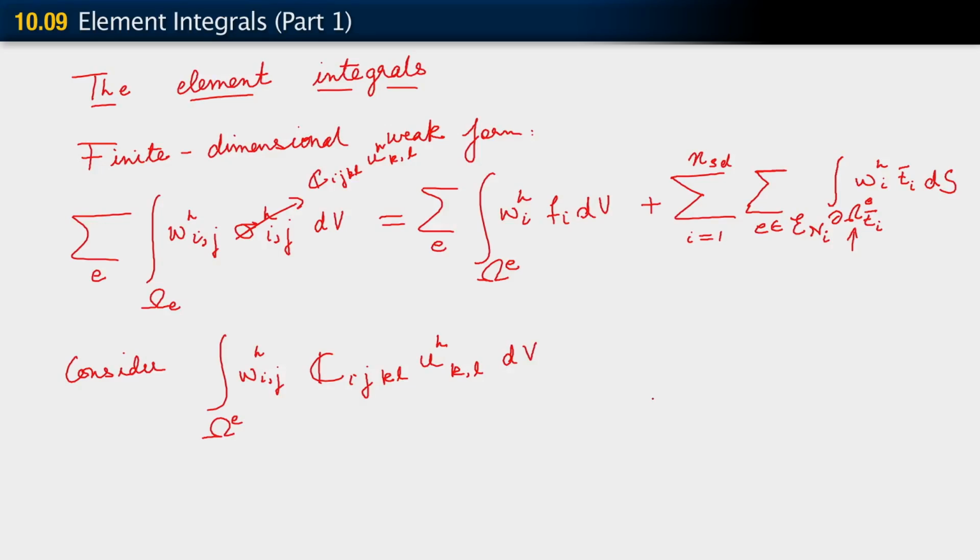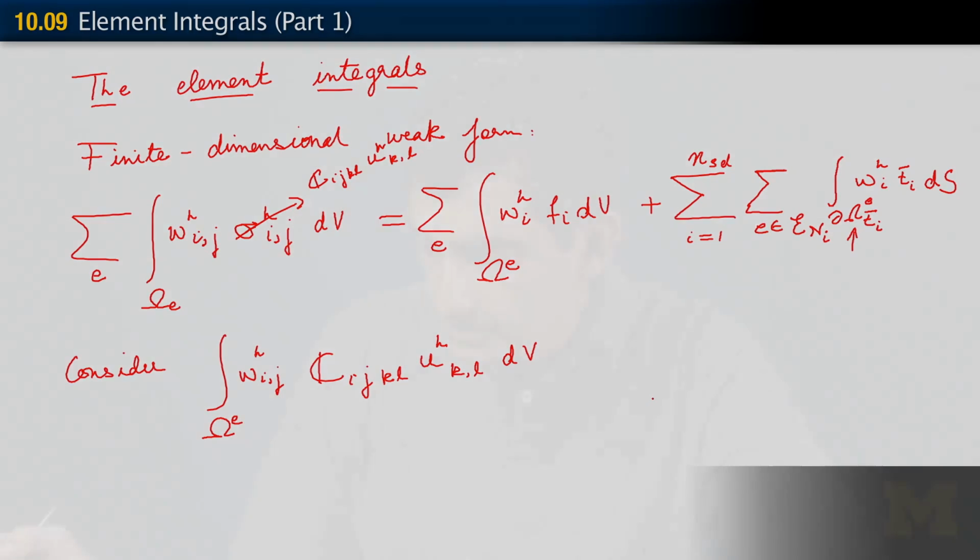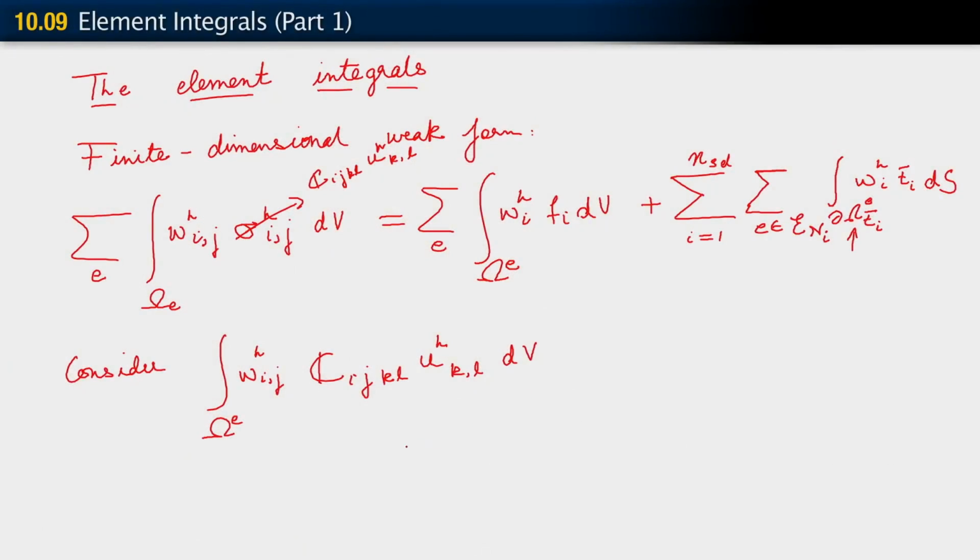Right? Now on a previous slide belonging to the previous segment, we wrote out the expansions for w^h and for the gradient of w^h and for the gradient of u^h. We will now invoke those, right? And in doing so, I'm going to write it here. Again, I won't skip a step right away.